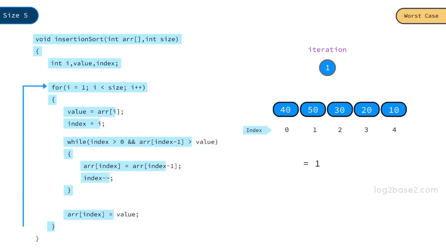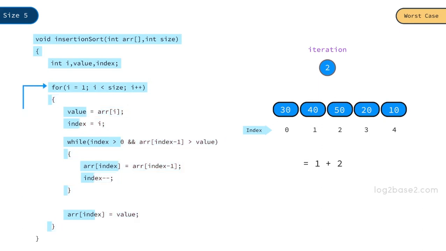Next, when i equals 2, the first while check will be true, so the inner statements will be executed. In the second iteration of the while loop, it will still be true and the inner statements will be executed. In the third iteration, i will be equal to 0, so it will fail. So in the second iteration of the outer for loop, the inner loop statement executed 2 times.